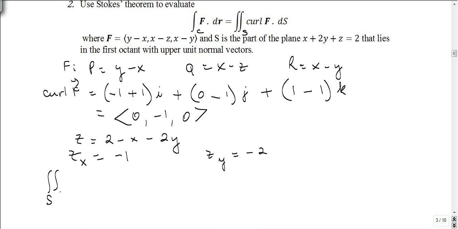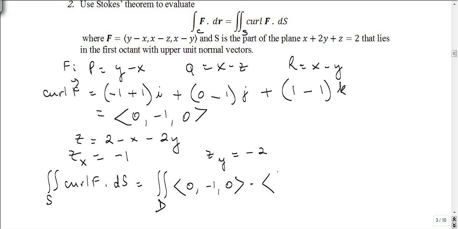So the double integral over S of curl F dot dS is equal to double integral over D. As I said, put in your limits later, okay? What are we doing? Curl F. Put that vector here, 0, minus 1, 0, dot with. What is your normal?